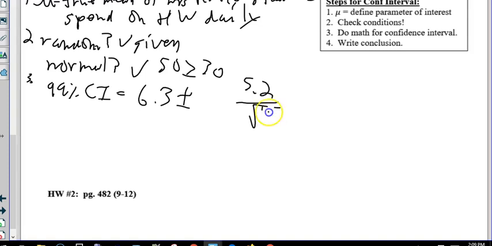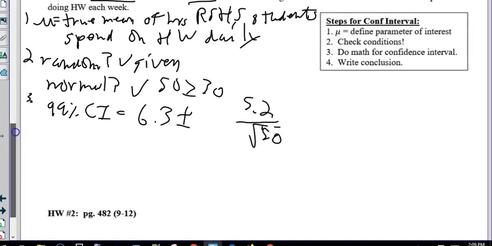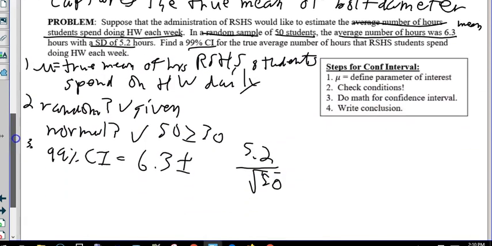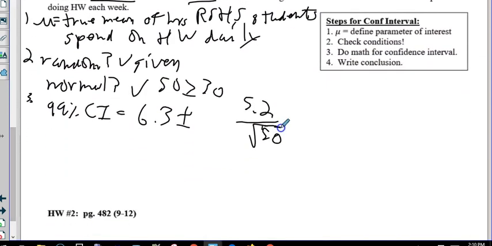That's what we type in there. You do the square root of the number here, not the degrees of freedom. Degrees of freedom is just what we use on the chart. So this should be 50. And if I type 14 on the calculator, I don't think I did, but if I did, it still ends up being 0.06.